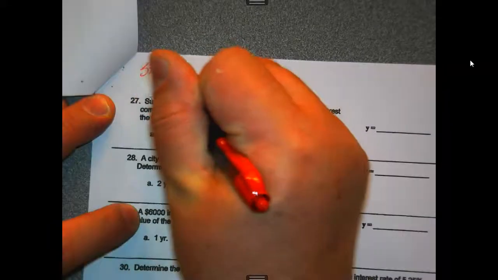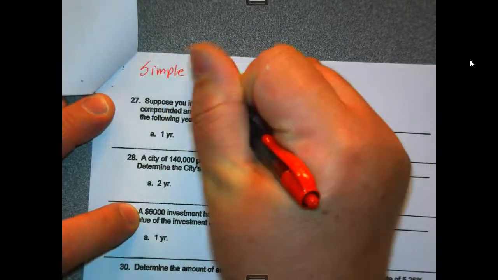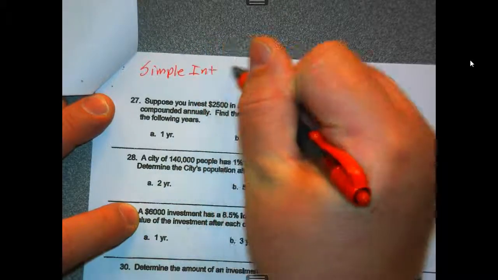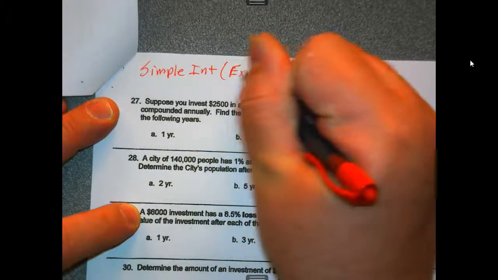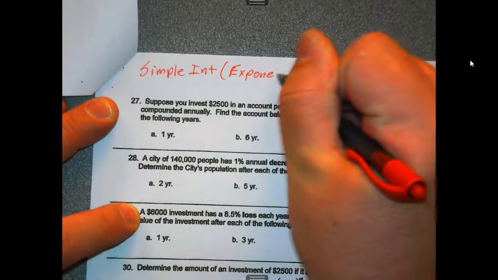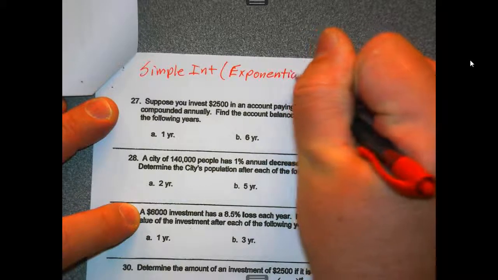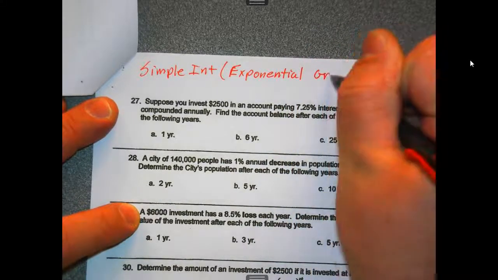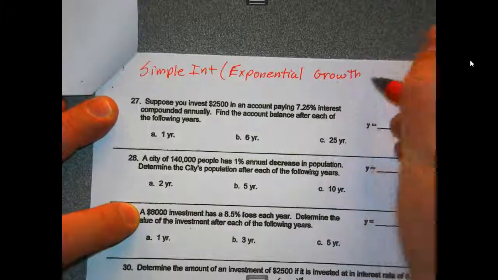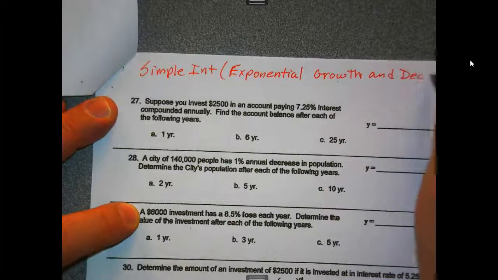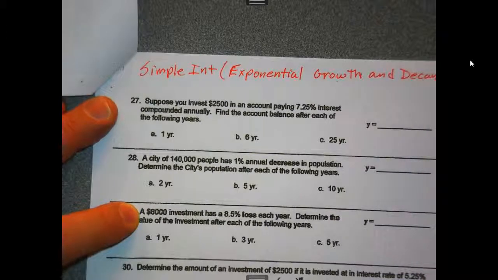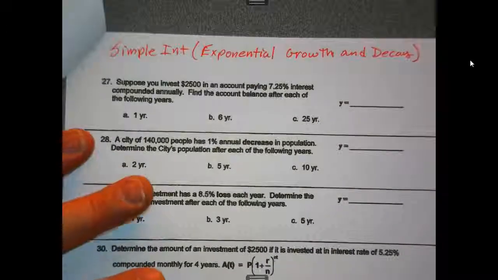So we did simple interest, or what we called growth, exponential growth, and decay, because we did learn the minus sign. And then we did compound interest, right?